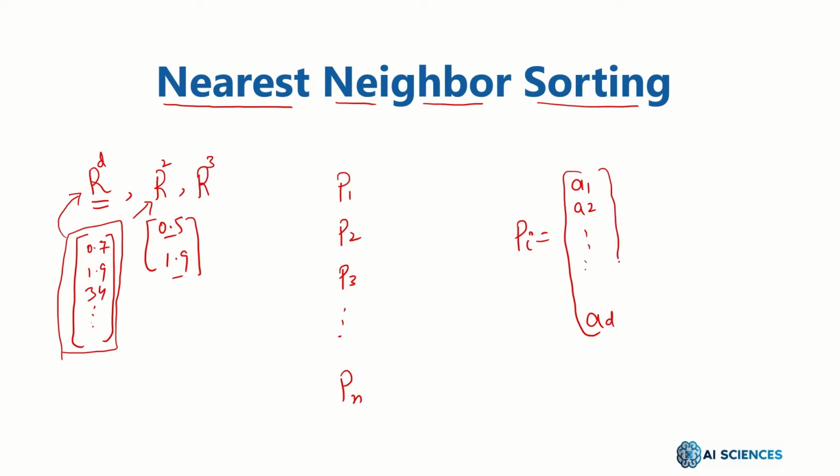So that's point 1. Each point, in terms of programming or data structures, is an array of d real numbers.